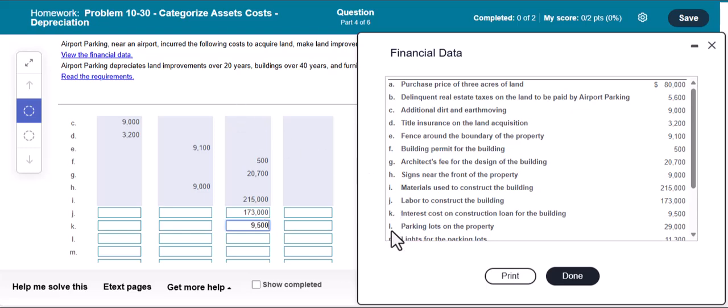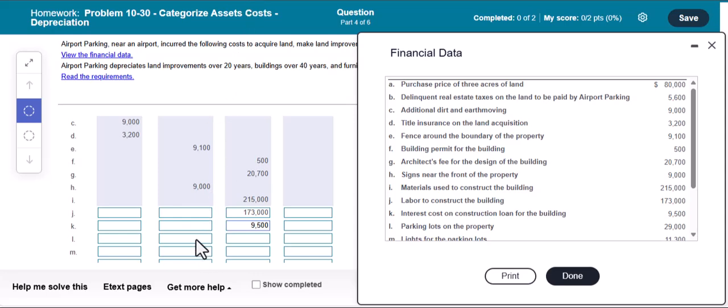And then after that, we have L, parking lots on the property. So will these parking lots last forever? No. So they eventually will need to be repaved, etc. So they will wear out and we have to depreciate them. So that is a land improvement.